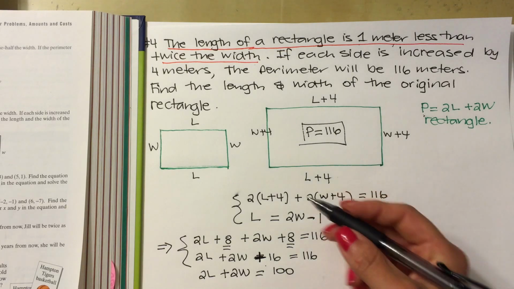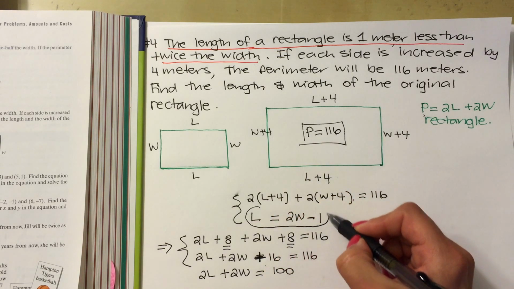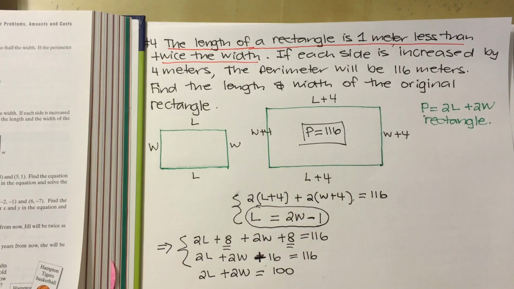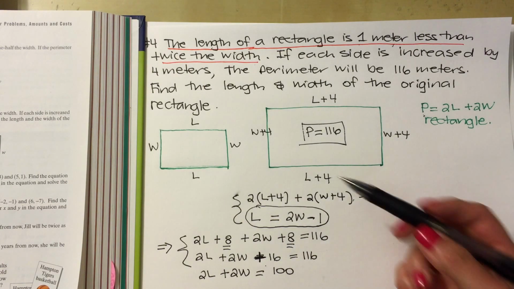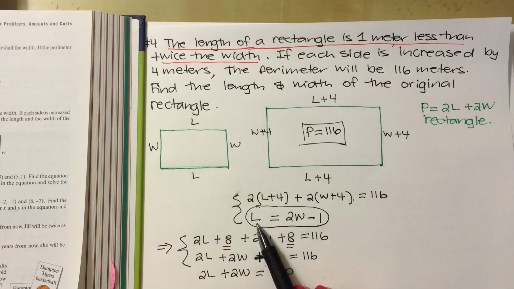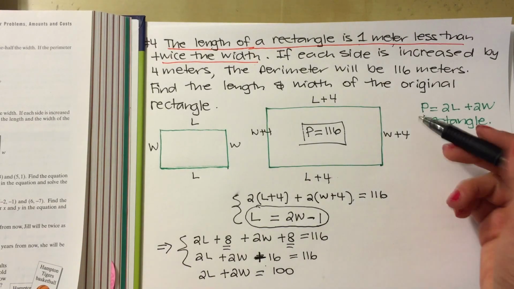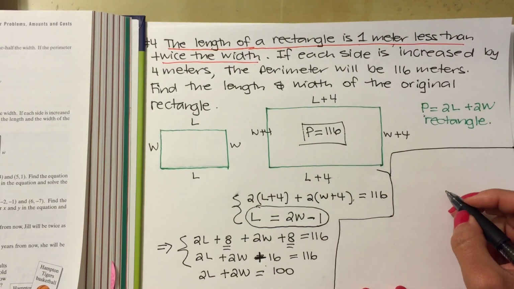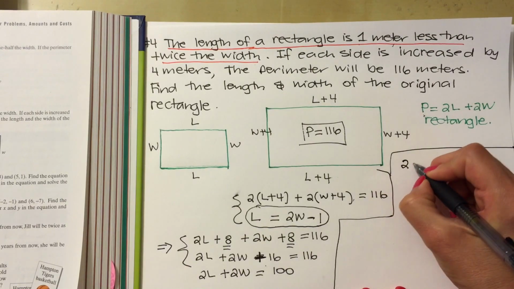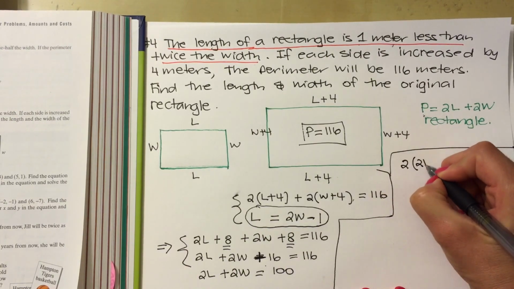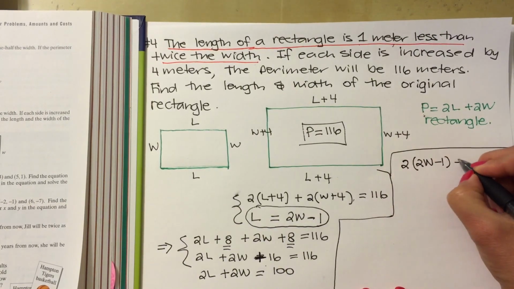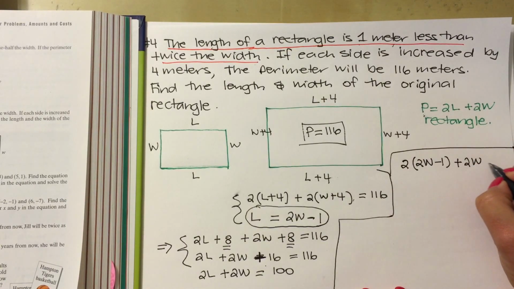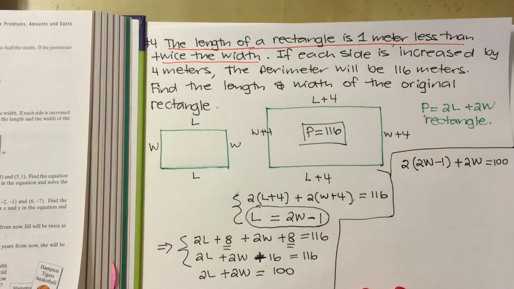And then we have this equation over here. So we have to basically solve. You can use substitution. Since this equation is solved for L, I could just take this and plug it into here. So let's do that over here. We have 2 parentheses 2W minus 1 plus 2W is equal to 100.